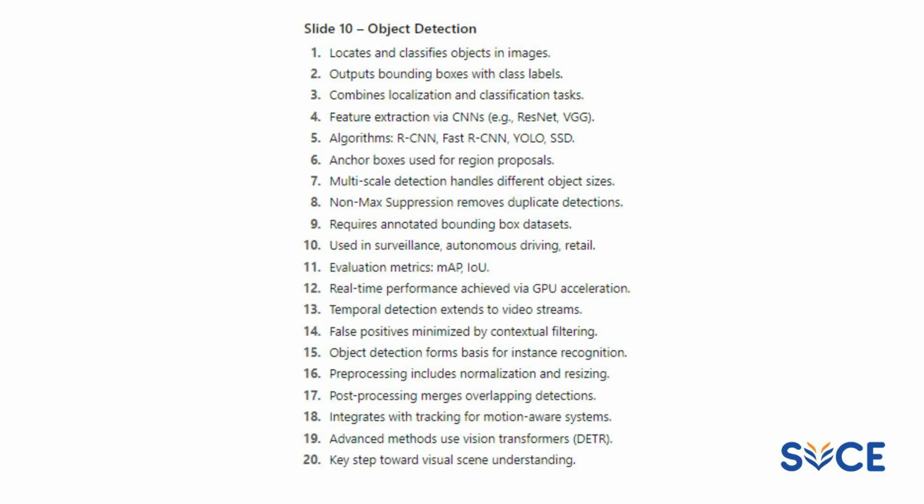Each region is classified for what object it is, and localized bounding box coordinates are predicted. Next one is post-processing. Non-maximum suppression, NMS, is applied to remove duplicate or overlapping boxes and keep only the most confident detection.